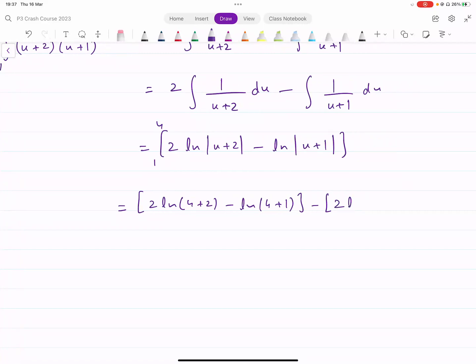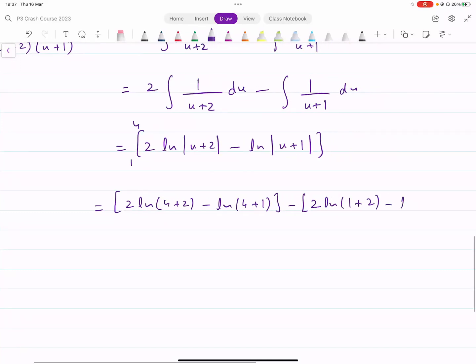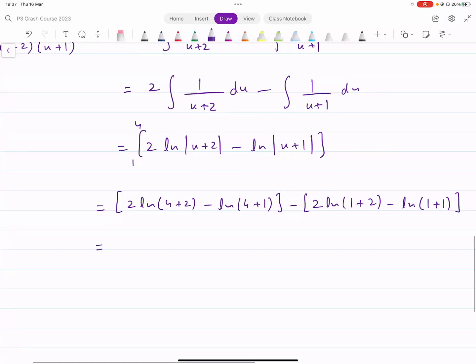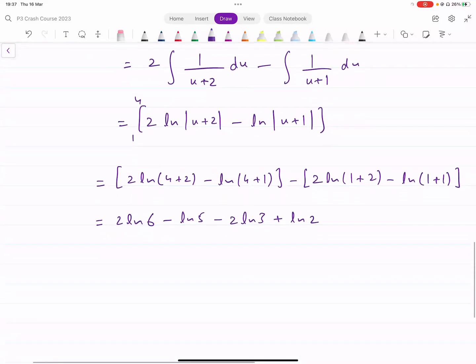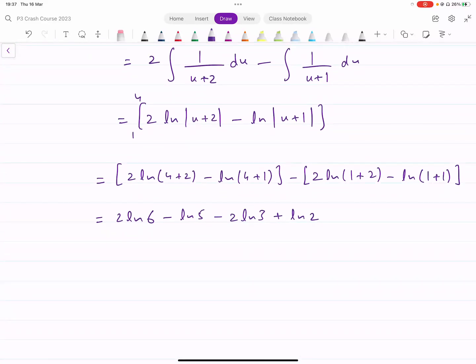That gives us 2 ln of 1 plus 2 minus ln of 1 plus 1. Just simplify this. This gives you 2 ln 6 minus ln 5, and then minus 2 ln 3 plus ln 2. All right, so this is what we're getting.